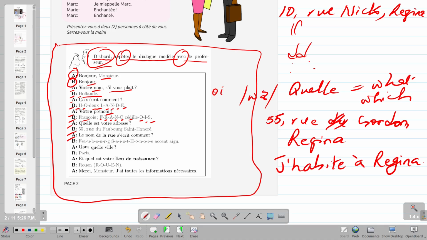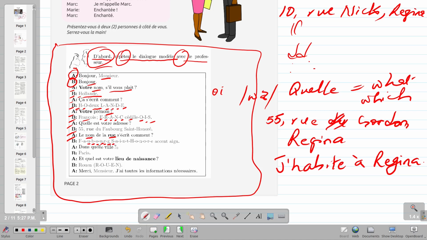Another question from A. Le nom de la rue s'écrit comment? The name of the street. How do you write it? How do you spell it? How do you write the name of the street? Faubourg Saint-Honoré. F-A-U-B-O-U-R-G.